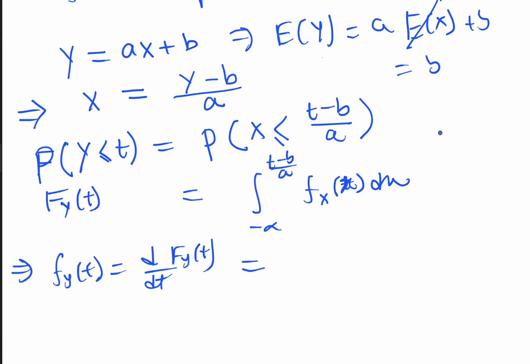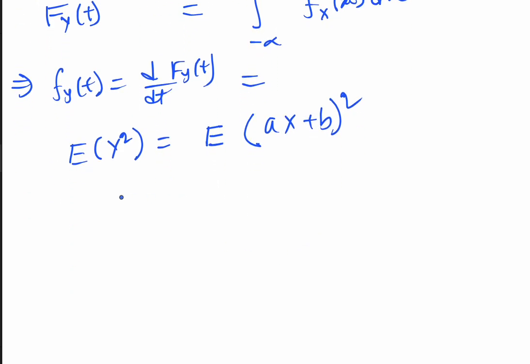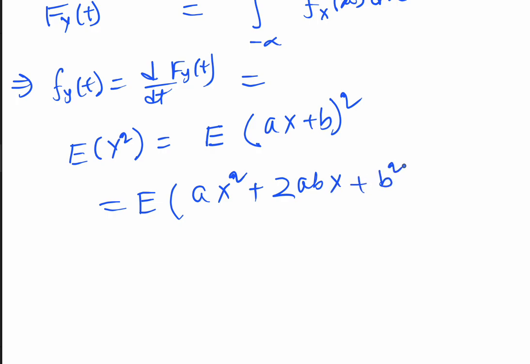First, expectation of y square means expectation of (ax plus b) squared, so a square x square plus 2ab x plus b square.